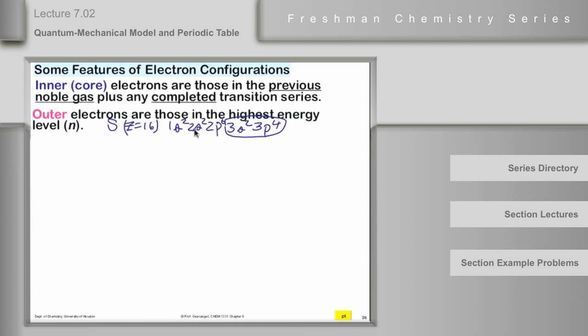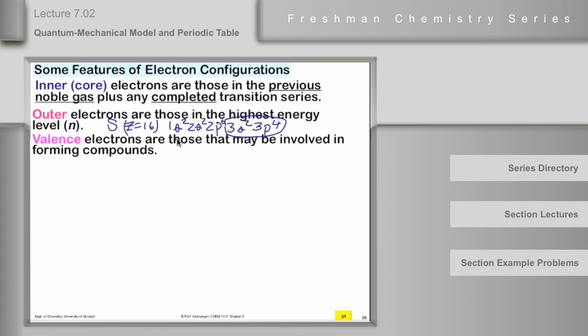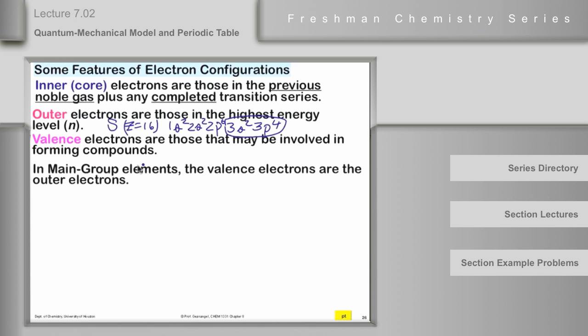The valence electrons, valence is a more general term, at least in my view, and valence electrons are those that may be involved in forming compounds. When it comes to main group elements, the valence electrons are the self-same electrons as we said the outer electrons were. In other words, in sulfur, the valence electrons are 3s2, 3p4.